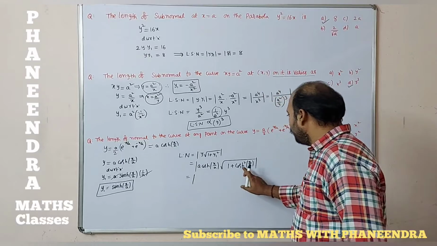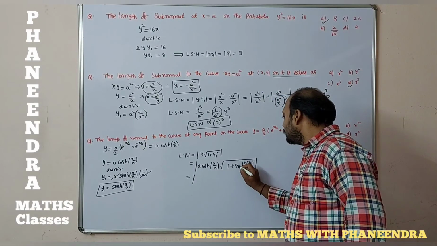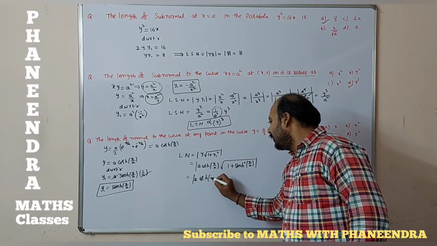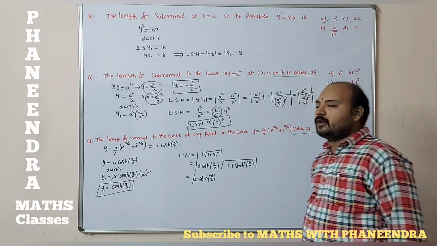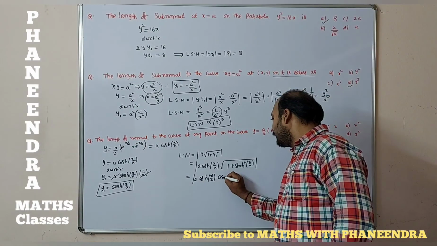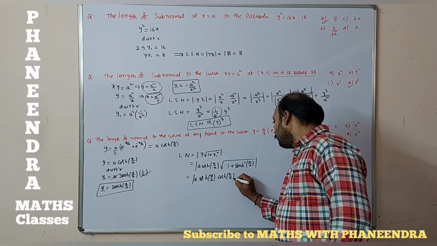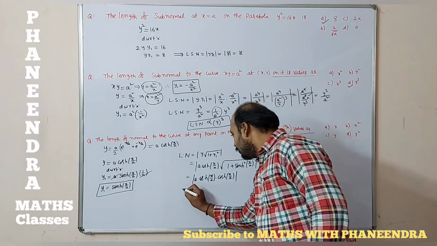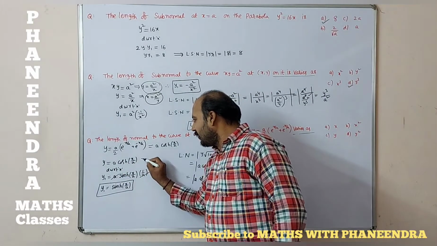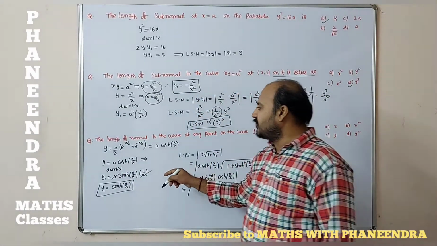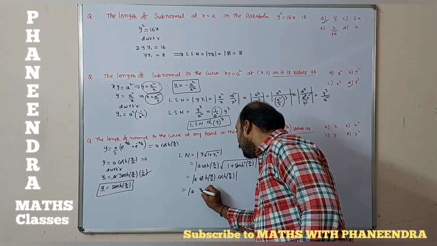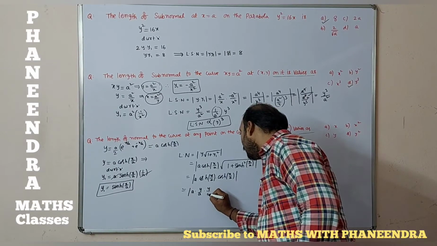Y1 value is sin, no? I wrote it cos, it is sin h square x by a. So a into cos h x by a, from hyperbolic identities, root over 1 plus sin h square x by a is cos h x by a. So which is equal to, cos h x by a, from here y is equal to a cos h x by a, so cos h x by a is y by a. So a into y by a, even here also y by a.